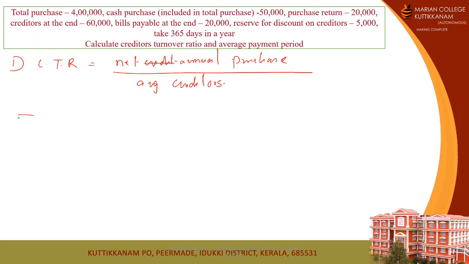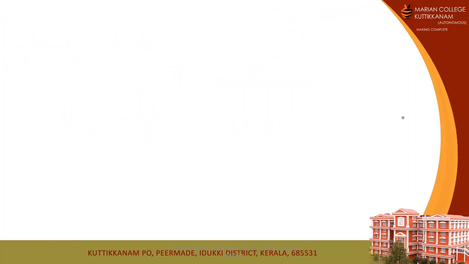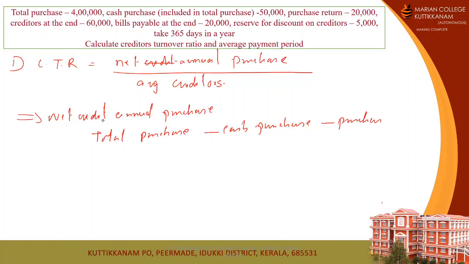Then how can we calculate this net credit annual purchase? We know that from total purchase we need to deduct two things. What are they? We need to deduct the cash purchase, as well as any purchase return.